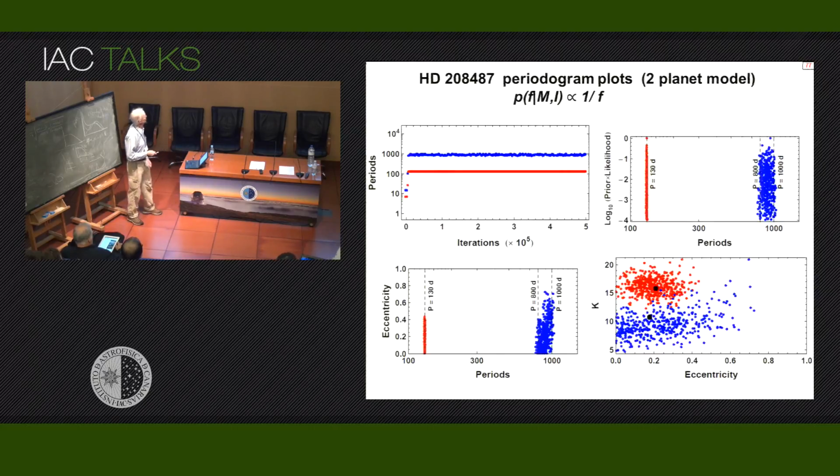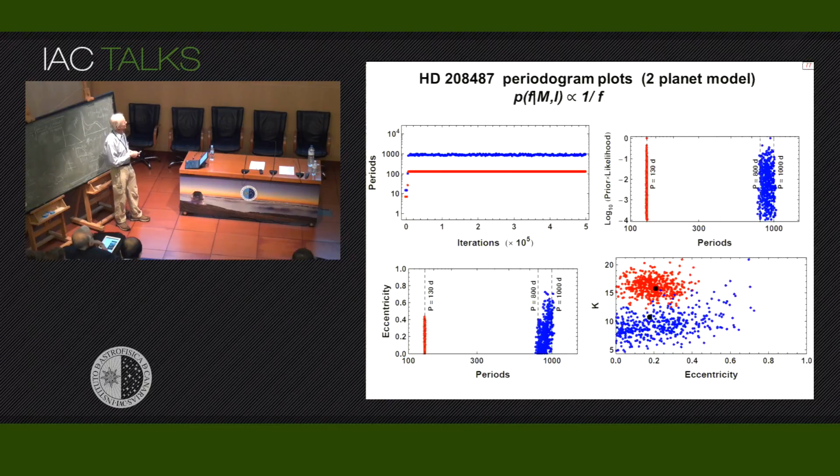Let me just show you what my periodicum plots look like. Here's period versus iteration. The red dot and the blue dot at values just below iteration 0 represent my starting periods. You can see they jump up almost immediately to these two periods of 130 and roughly 900 days.